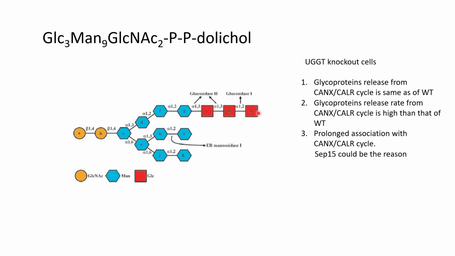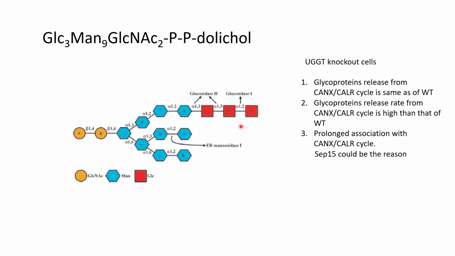However, in actual conditions, removal of this first glucose has been observed. So people have suggested that glucosidase 1, along with oligosaccharyltransferase and Sec61, might form a super complex and acquire a specific conformation that facilitates glucosidase 1 to trim off this first glucose.